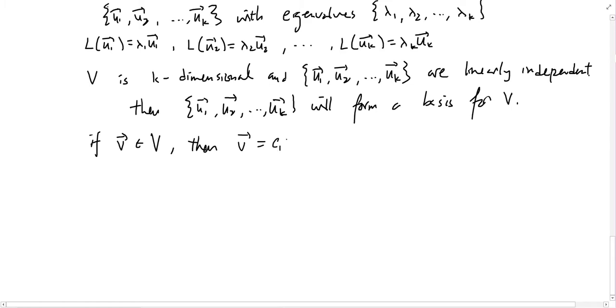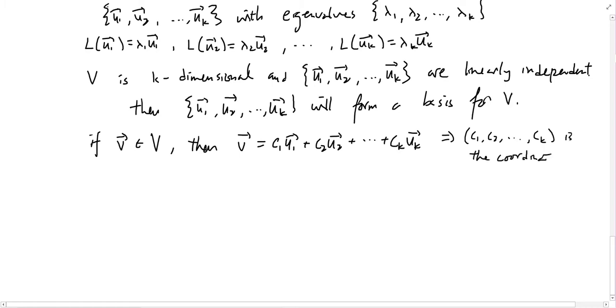So I'm going to call it c1 vector u1 plus c2 vector u2 plus dot dot dot plus ck vector uk. And of course, in this scenario, c1, c2, dot dot dot to c sub k is basically the coordinate vector of vector v.